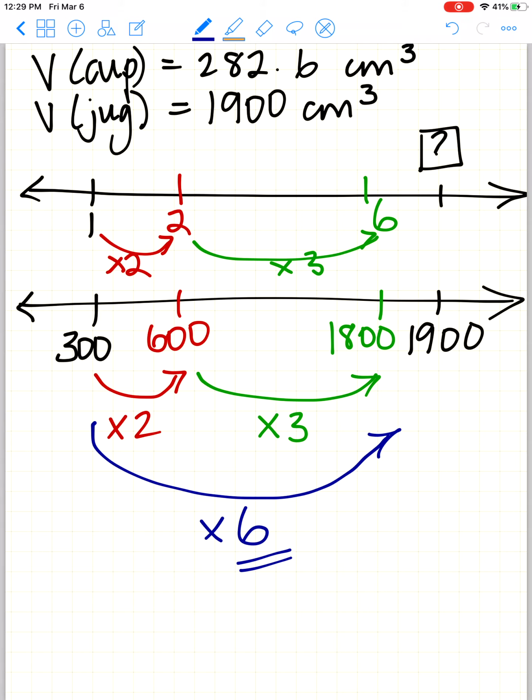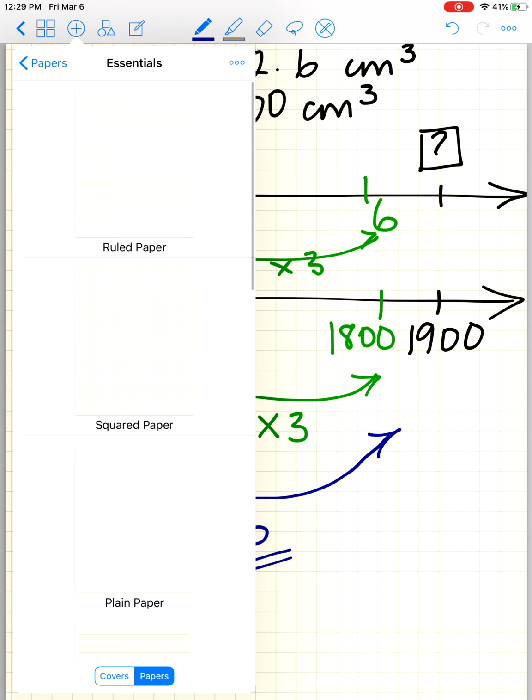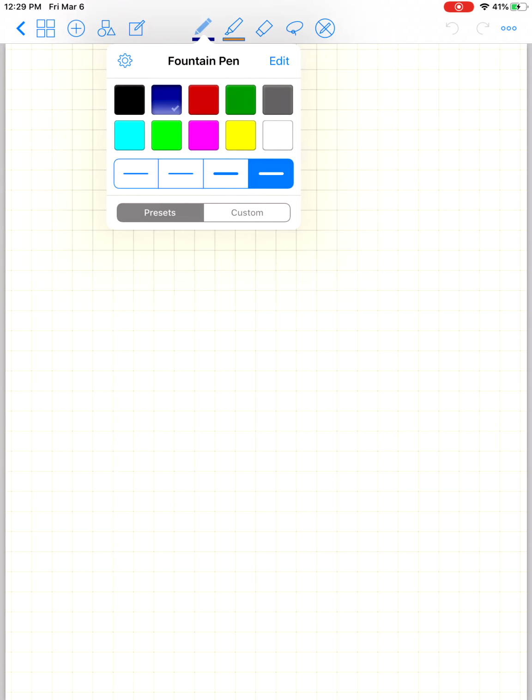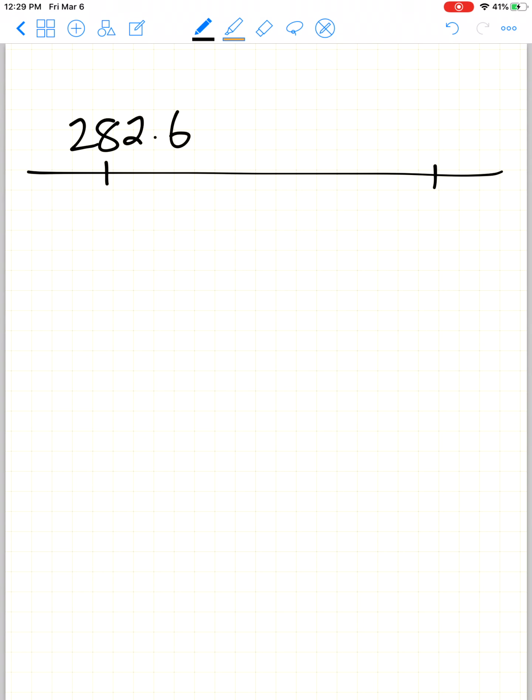And if I want to be more precise, I can use the actual values. Let's have a look at this. I know the volume was actually 282.6. And I want to know how many times that volume can fit into 1,900. So I know I have to scale that up by some factor. It's not a friendly number.